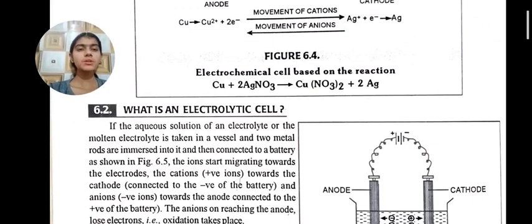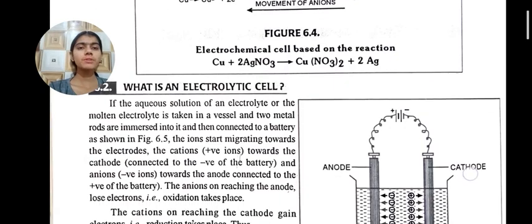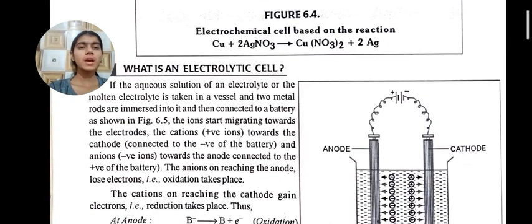If the aqueous solution of an electrolyte or the molten electrolyte is taken in a vessel and two metal rods are immersed into it and then connected to a battery as shown in figure 6.5, the ions start migrating towards the electrodes.